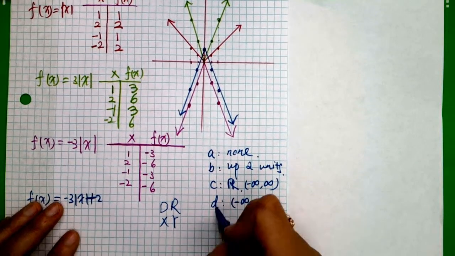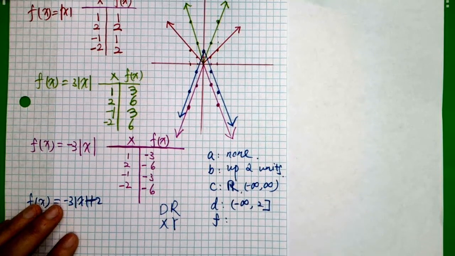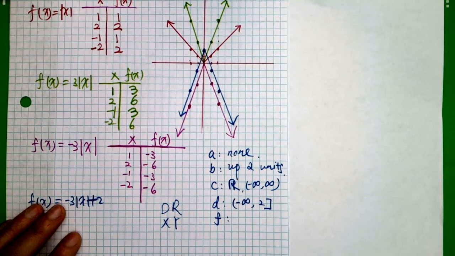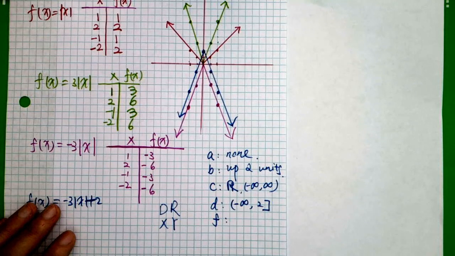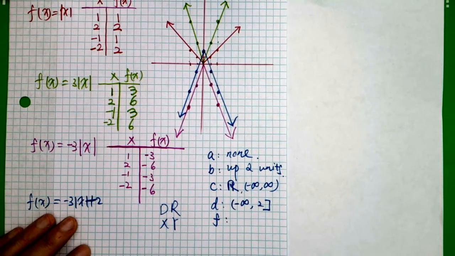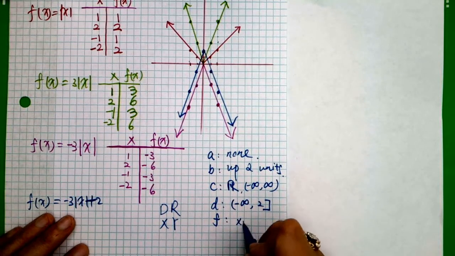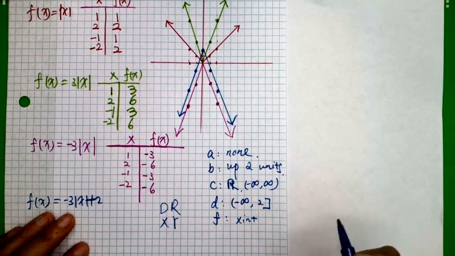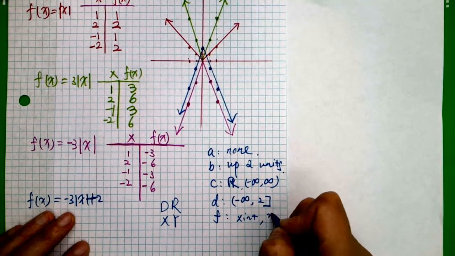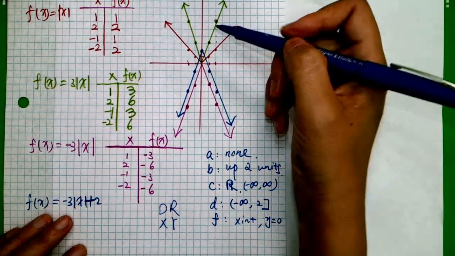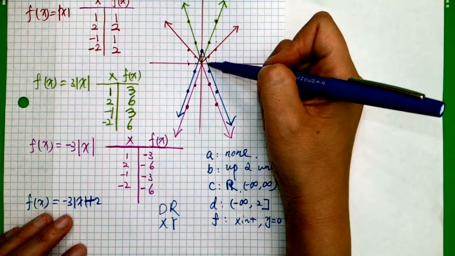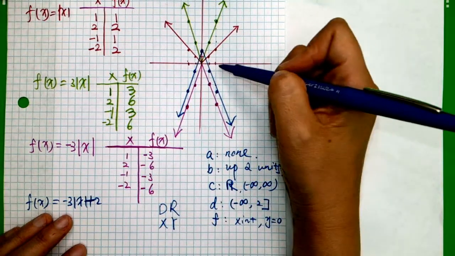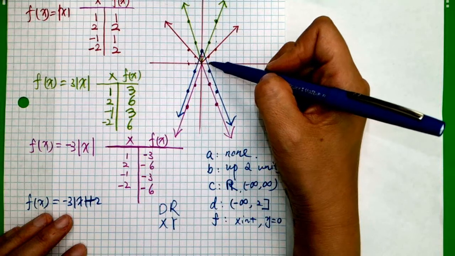All right, F. The question is asking, can you find the x-intercept? When you're trying to find any x-intercept, you have to know your y value equals 0, because every single point on the x-axis will have y equals 0.